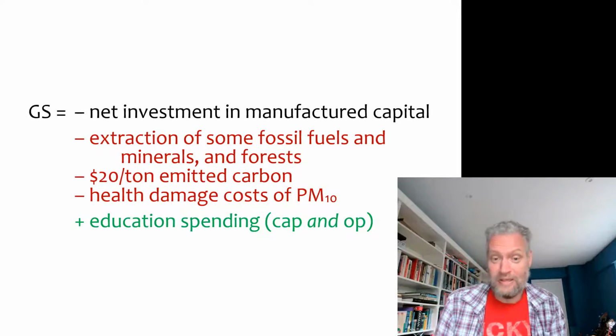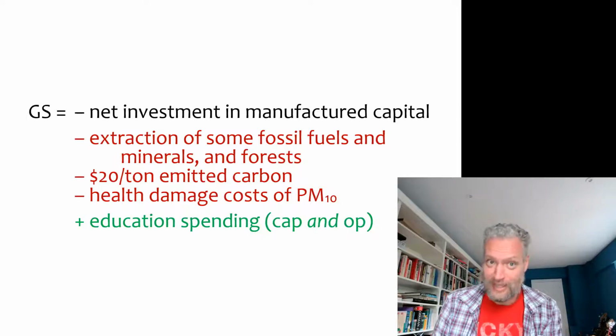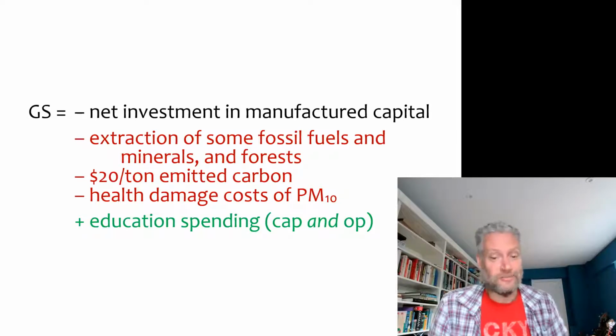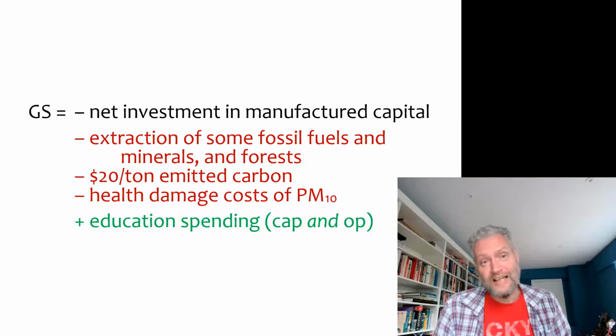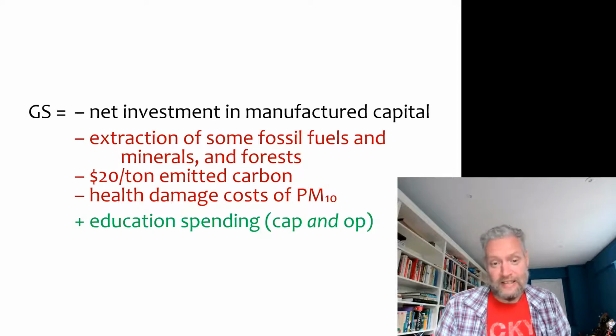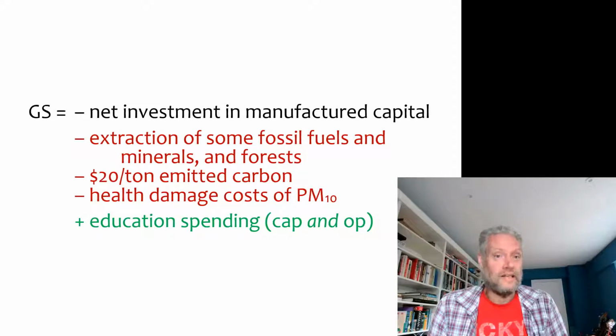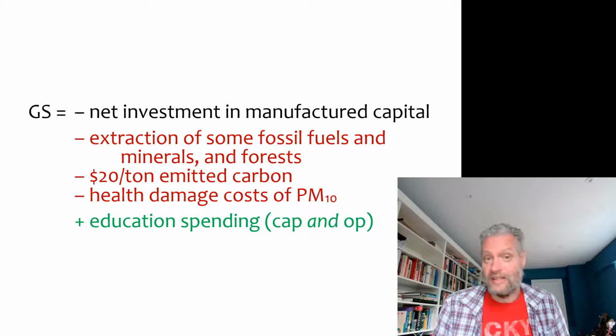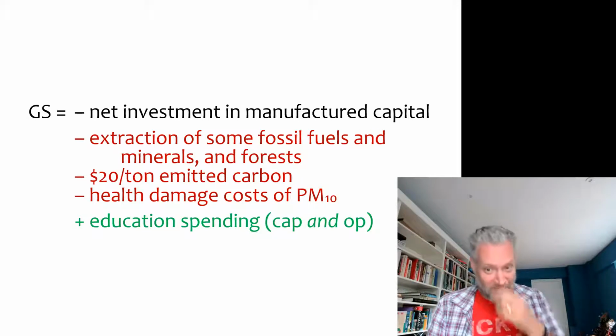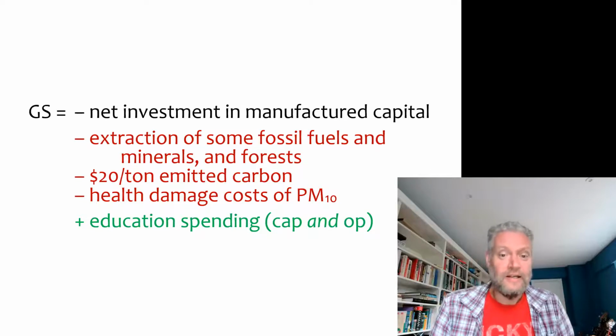Damage done by PM10 that is unrelated to human health is excluded. And then for education, the net investment in human capital, they looked at spending on formal education only, so that's education in schools essentially, and they looked at both capital and operational expenditure there.